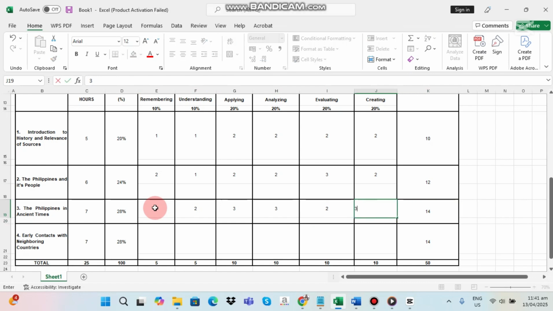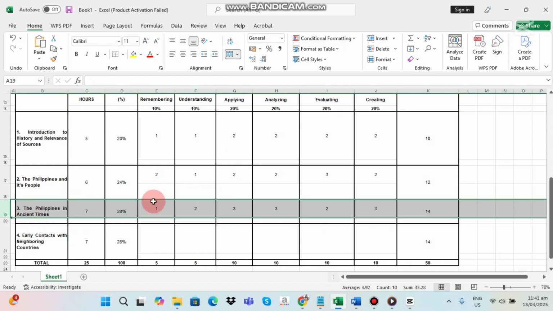So let's add. It's correct: 1 plus 2, 3, plus 3, 6, and then plus 3, 9, plus 2, 11, plus 3, we have 14. So we are correct in this topic.